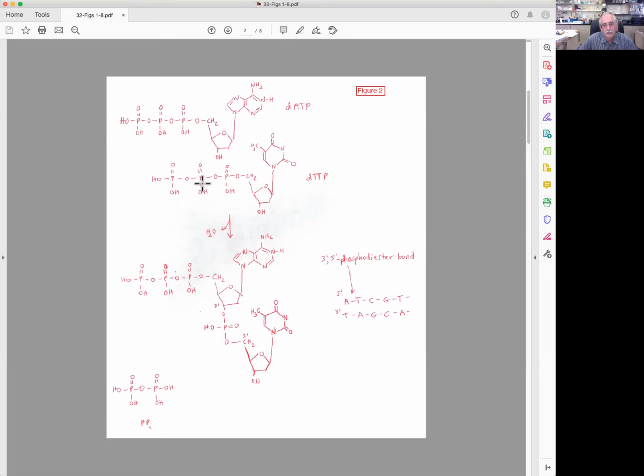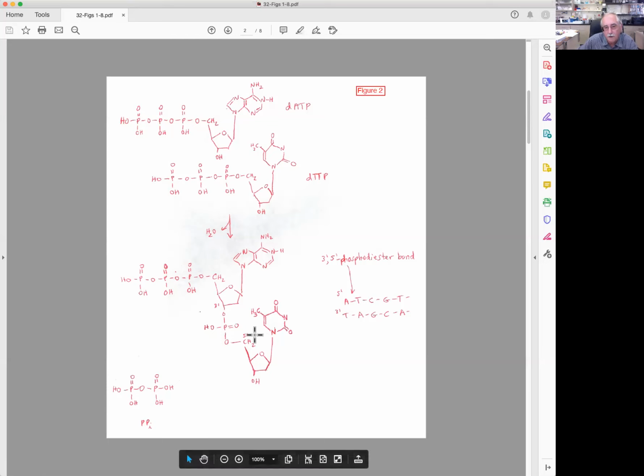This pyrophosphate, or diphosphate, goes off, and it later is hydrolyzed. Thinking about Le Chatelier's principle, if the immediate product in this equilibrium is diphosphate and you break it apart, it's no longer going to let the enzyme go in the reverse direction.